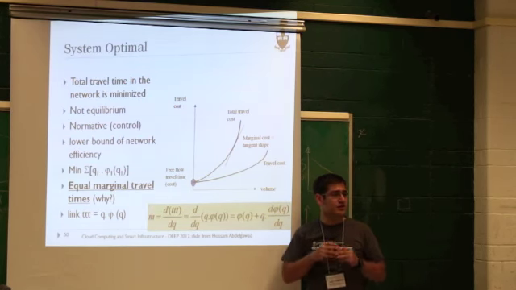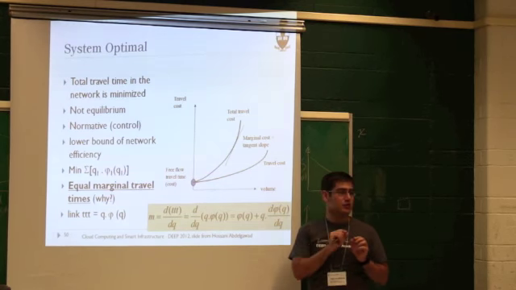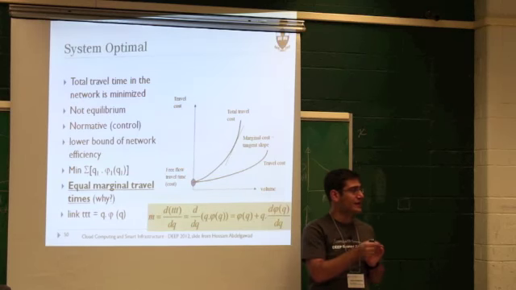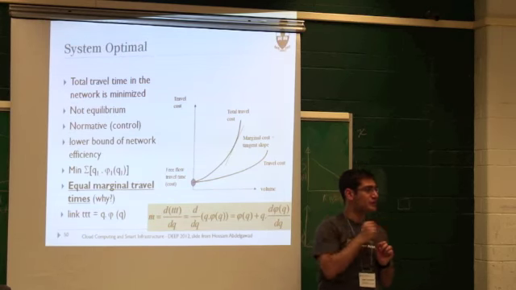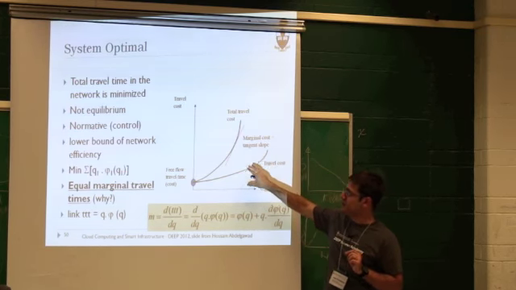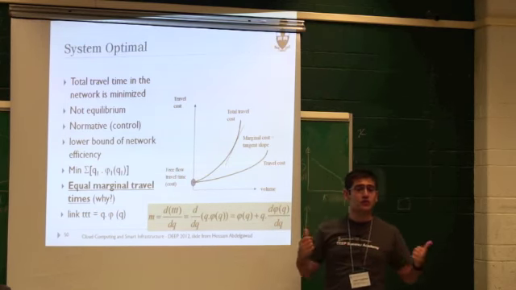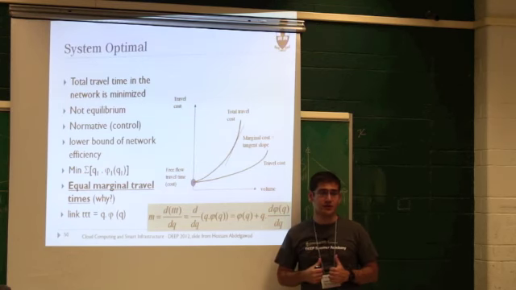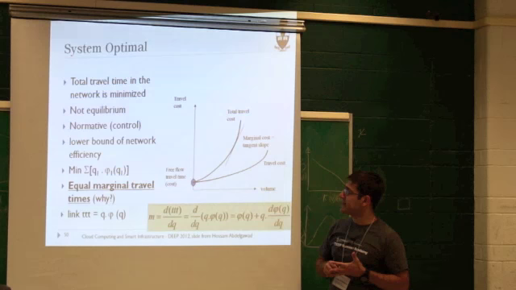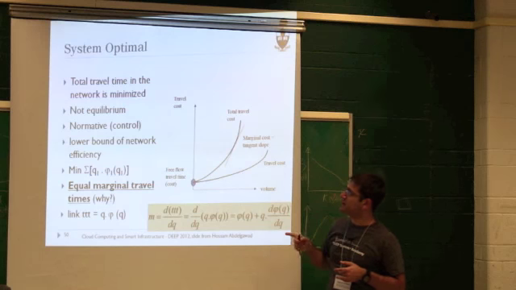Marginal cost defines the cost of one additional user. Okay? So if I add one additional user on that link, what would be the cost or the travel time of that user? What this does is it makes the marginal cost of the two links equivalent, instead of making the actual travel times equivalent.